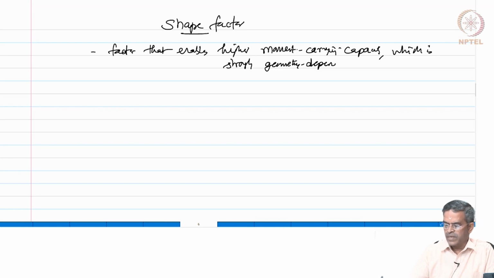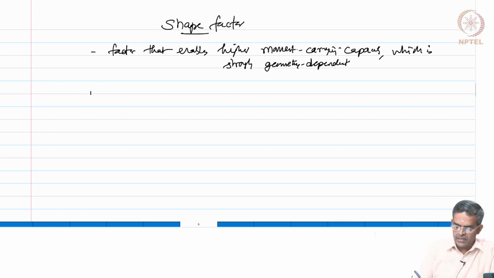That is why it is called shape factor. Okay. Let us derive a shape factor for an arbitrary section, then we will apply this logic to all sections.